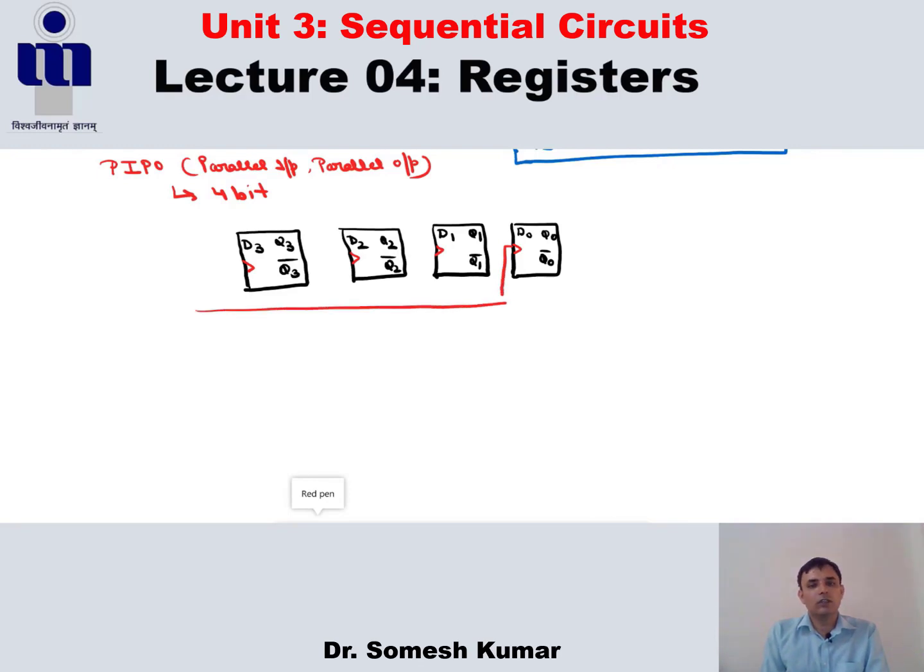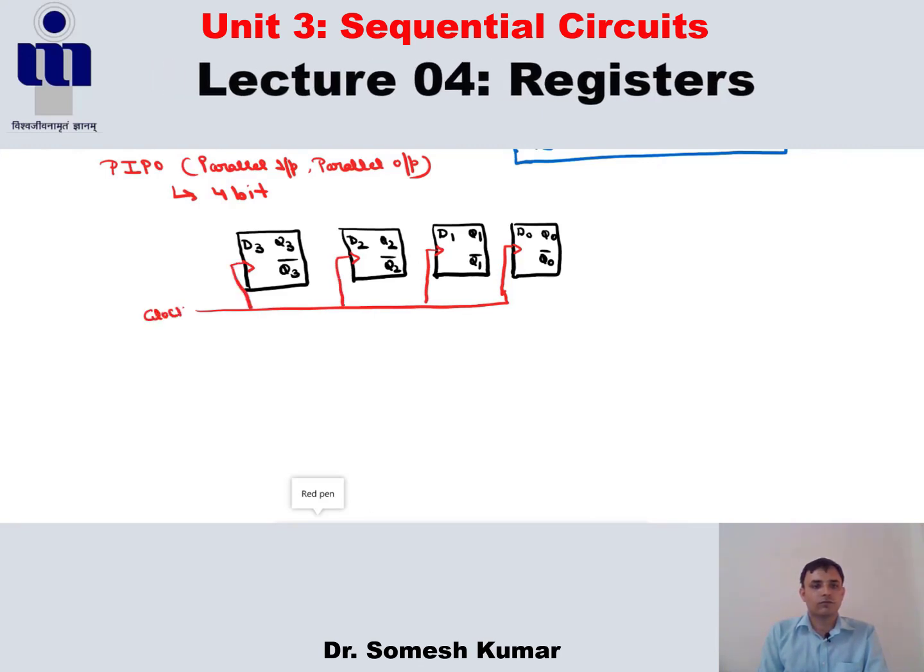Now, parallel input: this is the input of the first flip-flop, this is the second input, this is the third input, and this is the fourth input.